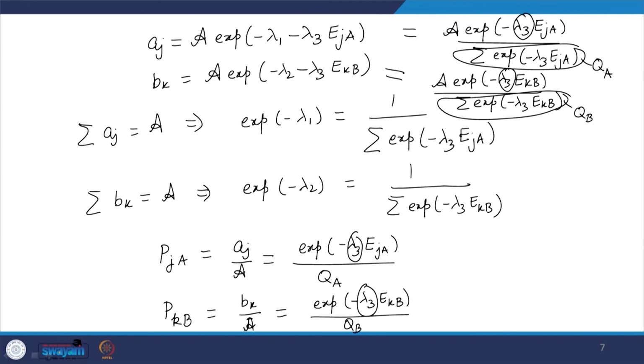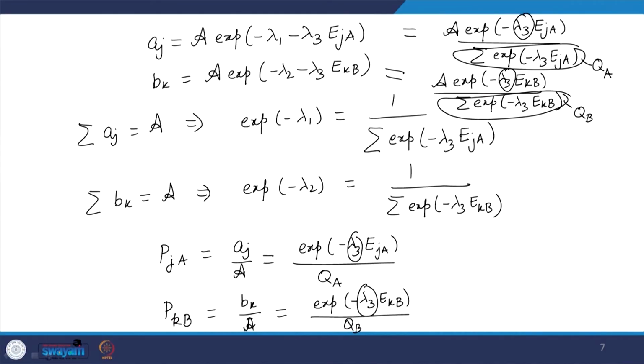So, therefore, whenever the systems are in close contact, there is something that is common between the systems, and that something in this case is the Lagrange multiplier λ3, which is same in both these cases.